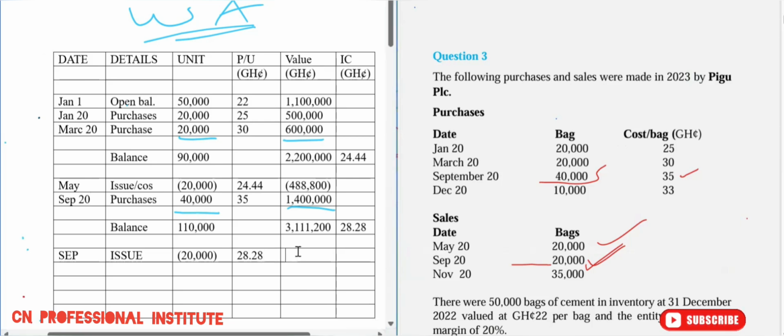Then that should give us nine eight 800. Am I even right? Okay, so 800.